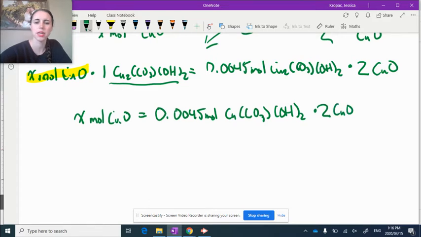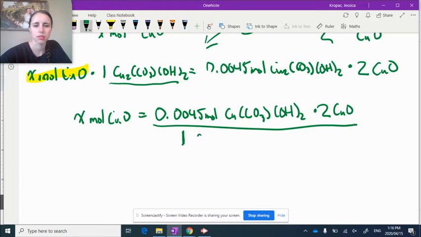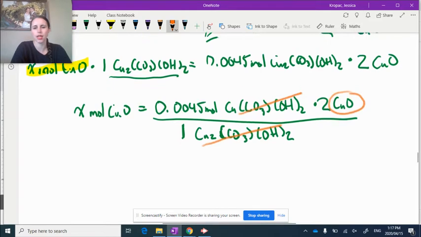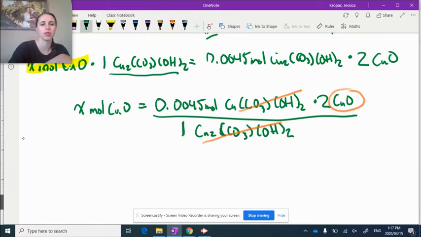And in my denominator here, I'm going to have my 1 Cu2CO3(OH)2. Geez, you think I could have picked a smaller compound, eh? That's okay. By doing that, I can cross out this unit here, and I'm going to be left with the unit of CuO, copper oxide, which is actually the unit I'm looking to report.